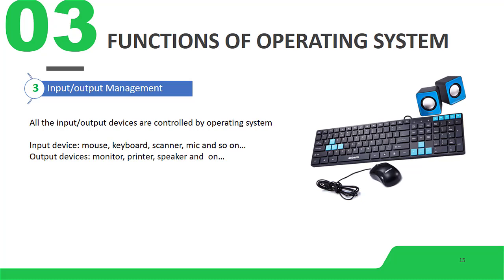Input-output management is the process of controlling the operations of all the input-output devices attached to the computer. Users communicate with the computer through various input-output devices such as keyboard, mouse, monitor, and printer. Management of these devices is the responsibility of the operating system, which uses an input-output controller to manage and coordinate the operations of all the input-output devices.